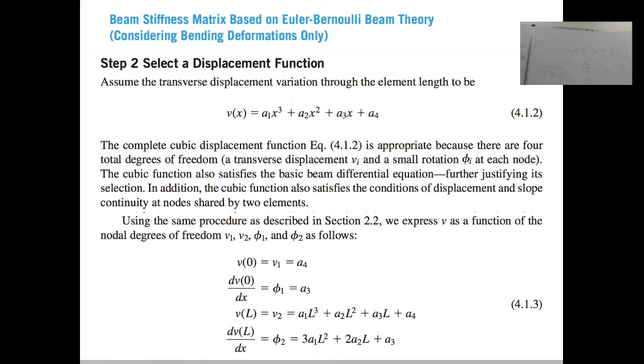From here you can solve for A1, A2, A3, A4. Then you go back and substitute in the function. When you substitute, what will happen?